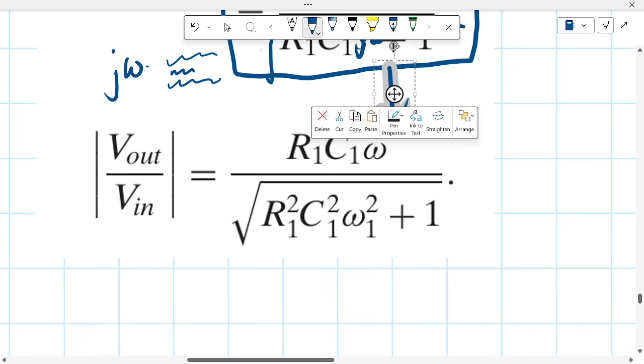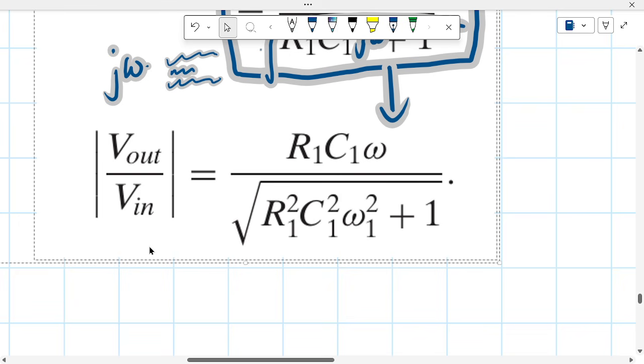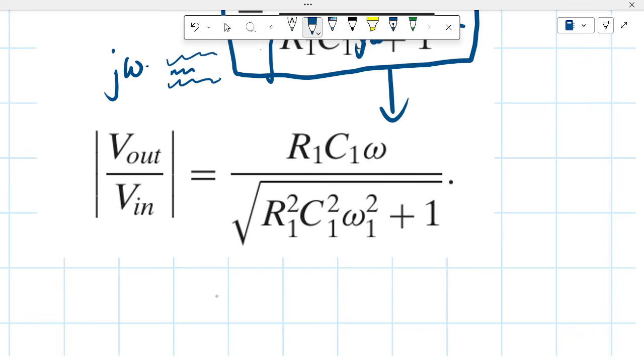So that ends up giving us this. Remember that j square is equal to -1, but we find the magnitude, which gives us 1. That's how we ended up getting this expression here.